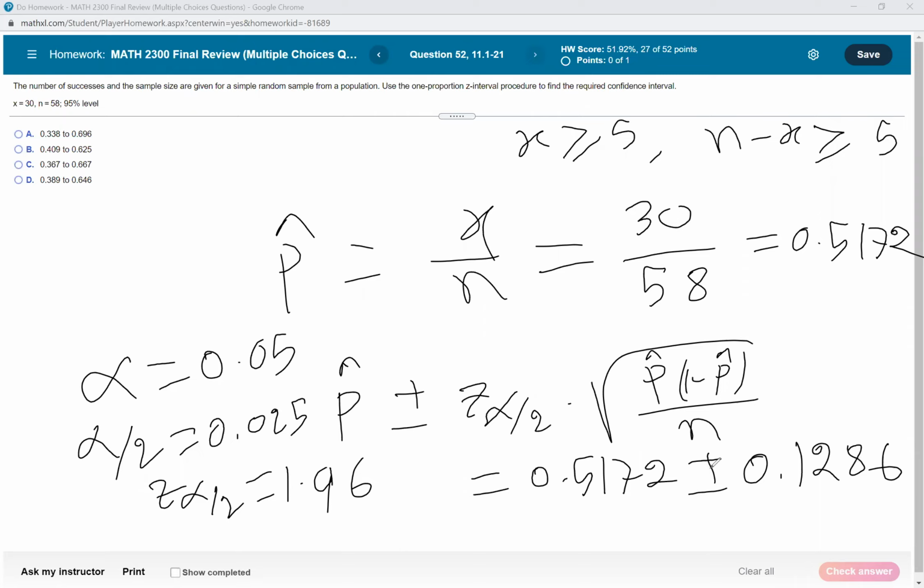For the plus sign, you will get the upper limit, and for the minus sign, you will get the lower limit. So the upper limit is 0.646. So that means the correct answer is D. Here the correct answer is option D.